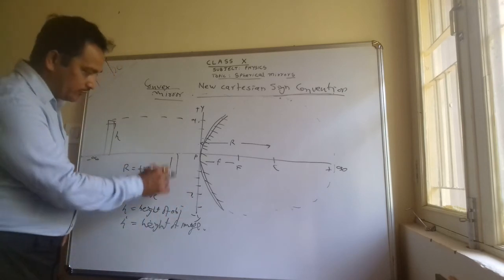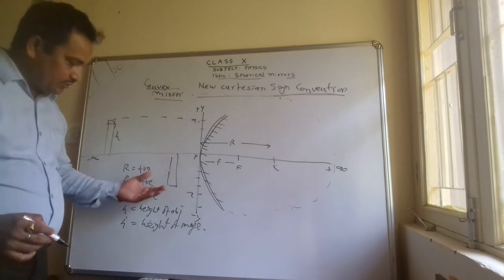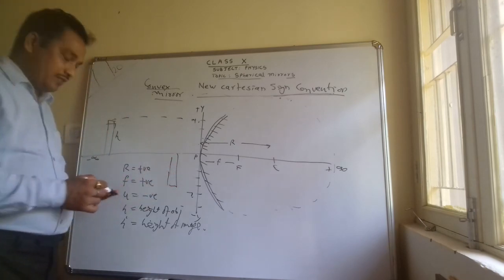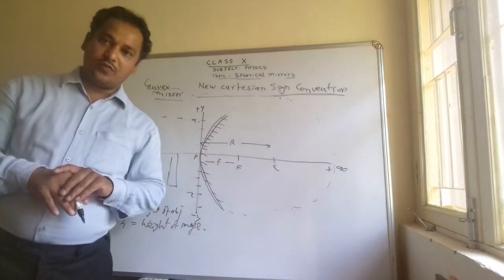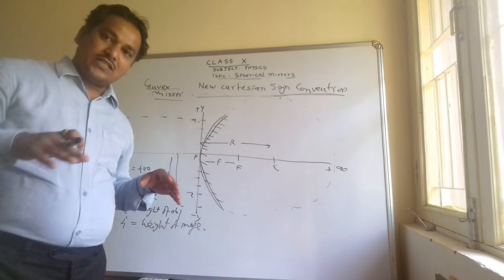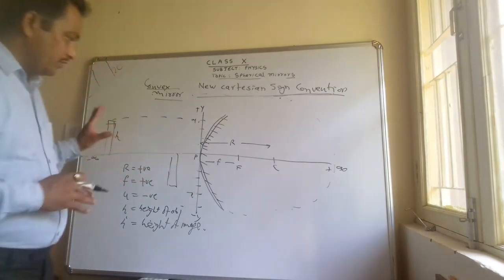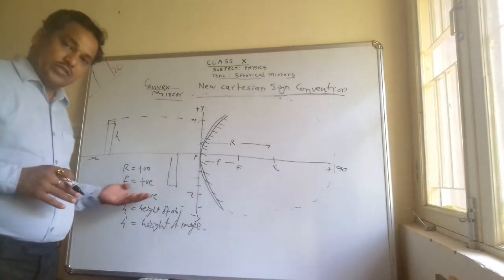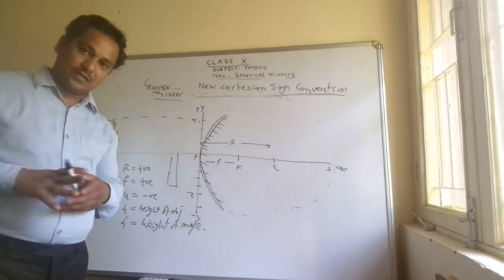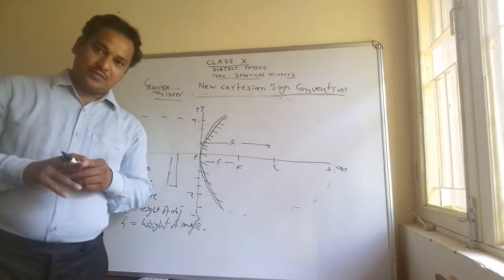So if the image is formed, for example in the case of the concave mirror, below the x-axis, we will take it as negative according to the new Cartesian sign convention. Is it clear to all of you? So we will apply this new Cartesian sign convention to draw the ray diagram and correctly know the sign, positive or negative. Okay, all of you, I think it is clear to you. Thank you very much.